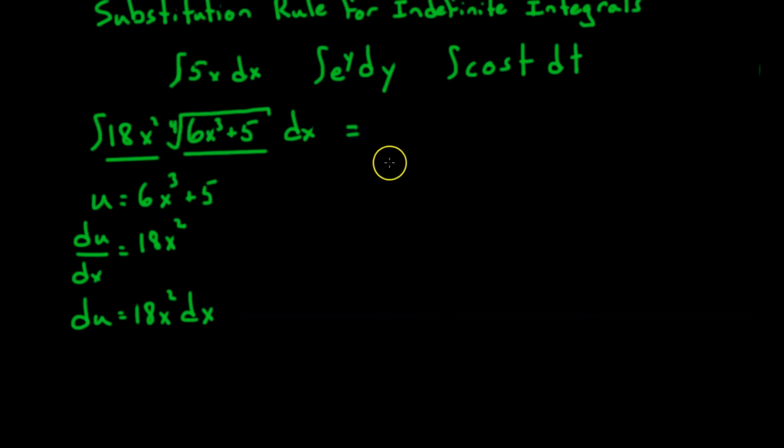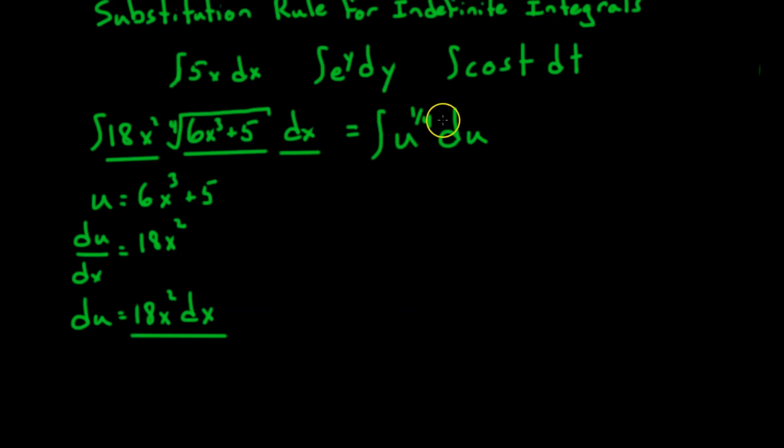So here I have the integral of, so this is the fourth root of u. So let me just write that as u to the power of 1/4, because that'll be easier. And then this 18x squared multiplied by dx, right here, 18x squared multiplied by dx is du.